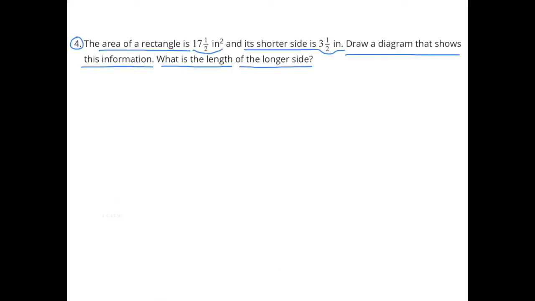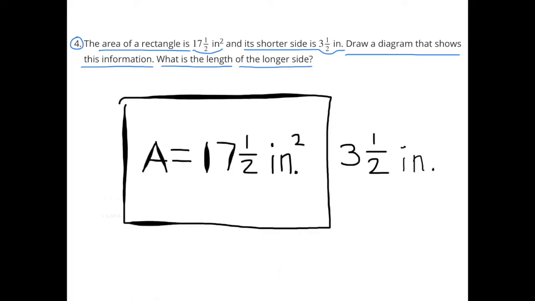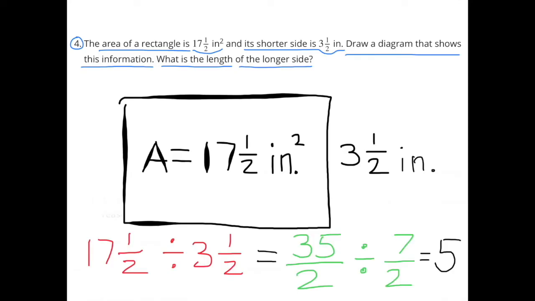Number 4. The area of a rectangle is 17.5 inches squared, and its shorter side is 3.5 inches. Draw a diagram that shows this information. What is the length of the longer side? Inside represents the area, 17.5 inches squared. Its shorter side is 3.5 inches. 17.5 divided by 3.5 is the same as 35 halves divided by 7 halves, and that equals 5.